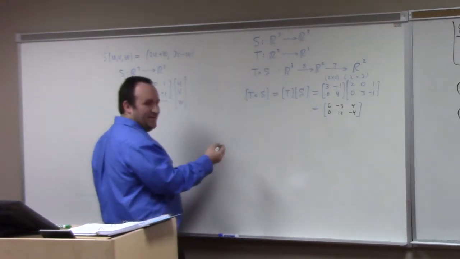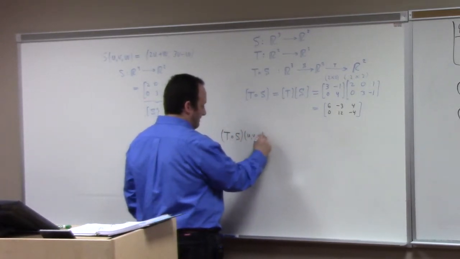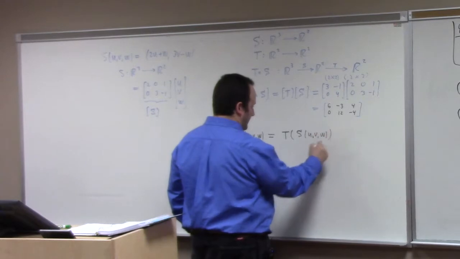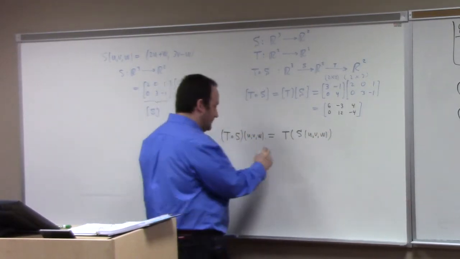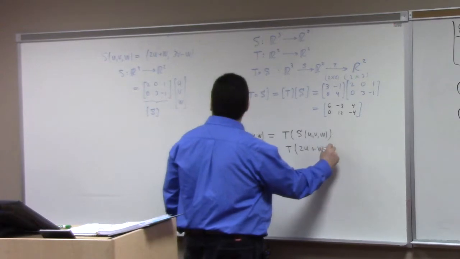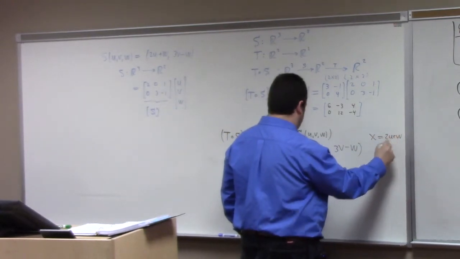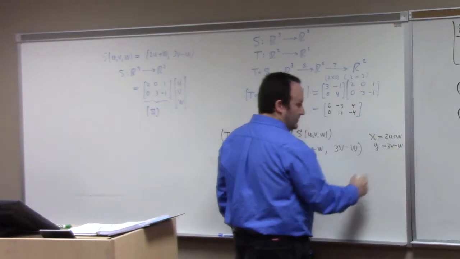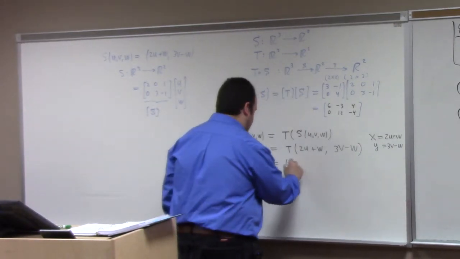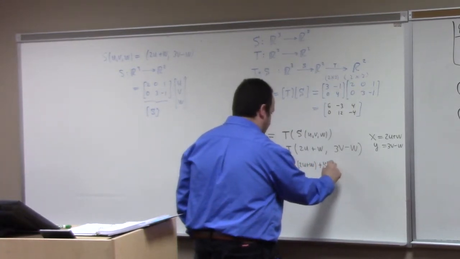Isn't that sad? So on the other hand, we can calculate T composed with S of UVW directly. So that would be T of S of UVW. We can just calculate the composite. So that for me was 2U plus W, 3V minus W. So in this, basically, we have X equal to 2U plus W, and we've got Y equal to 3V minus W. And so I'm supposed to get 3x, so it's 3 times 2u plus w, plus 4y, which is 4 times 3v minus w.